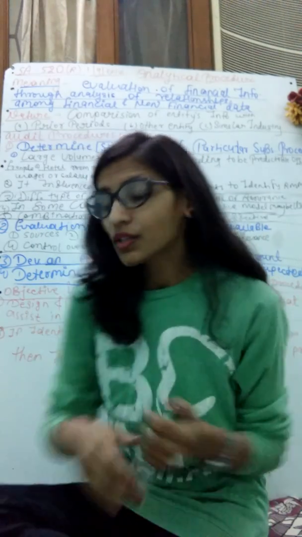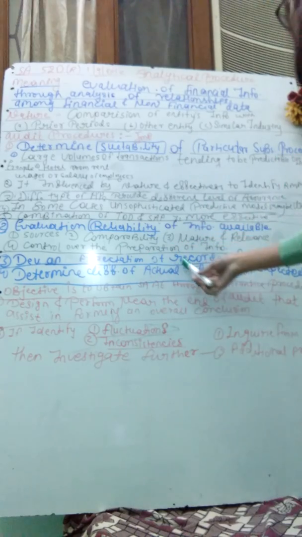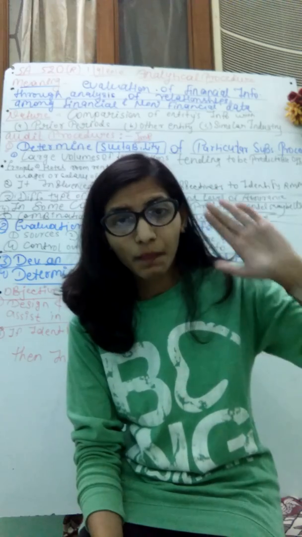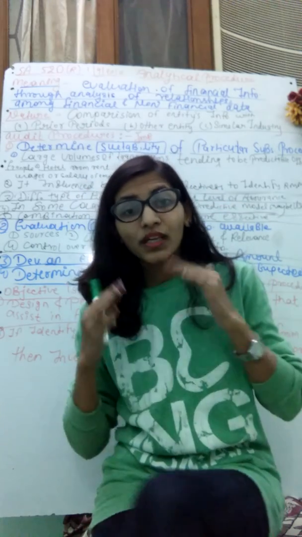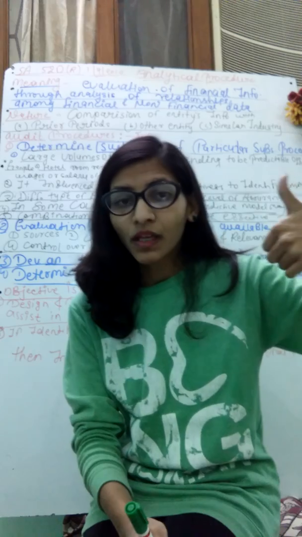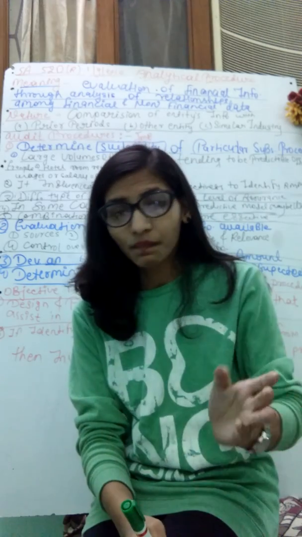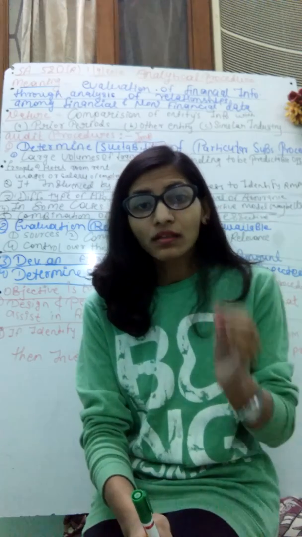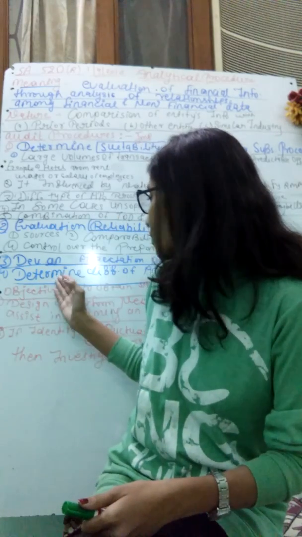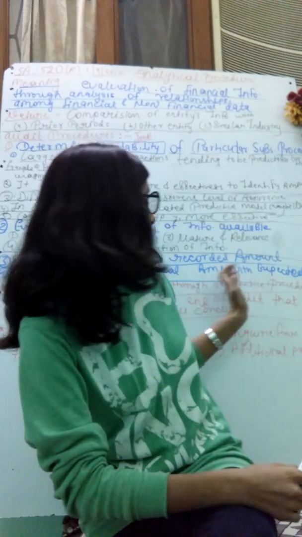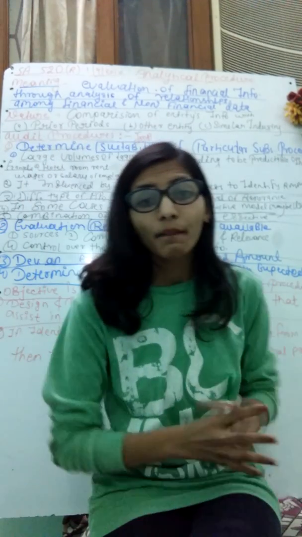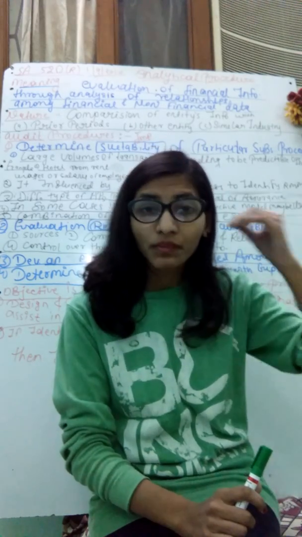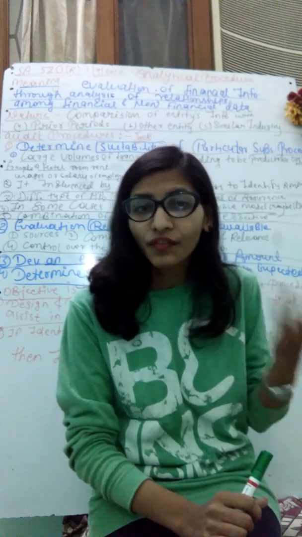Okay, then develop expectations of the recorded amounts. When we talk about development of an expectation, as an auditor we analyze the figure, we see the industry data, we see the similar entity data, and we predict an amount, and then finally determine the difference of the actual amount from the expected. If the amount is much different from the predicted amount, then you investigate further.